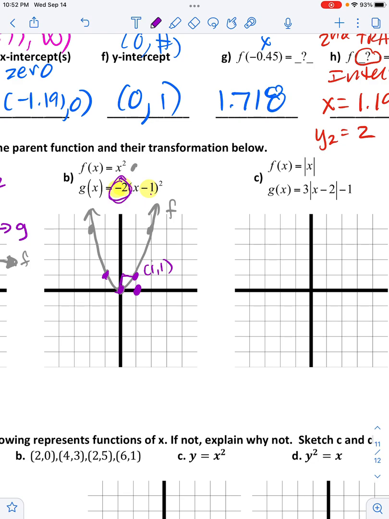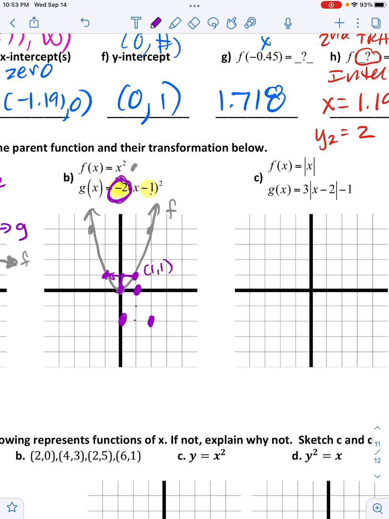The slope to get from here to here is 1, 1. You can't keep going because obviously it's not a straight line. But to get to that first point, I went up 1, over 1. Well, according to this, from my vertex, I'm going to go down 2, over 1. And that has a mirror image over here because it's a parabola, which means this one would have a mirror image right here.